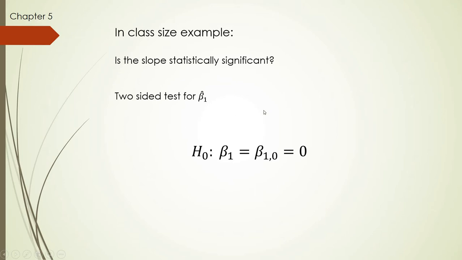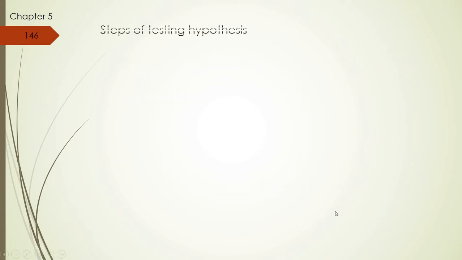The null hypothesis will be that beta 1 is not statistically significant, or in other words, that beta 1 in the population is equal to the hypothetical value, which is 0. The alternative hypothesis says that beta 1 is statistically different from 0 in the population, and it is statistically significant, so that class size really is statistically significantly influencing test scores.